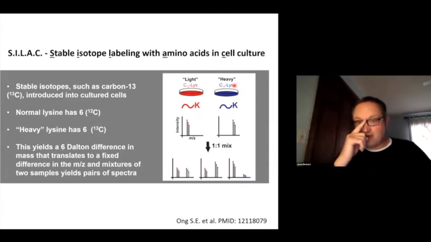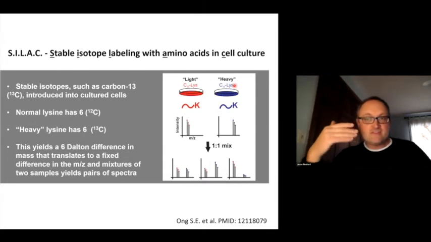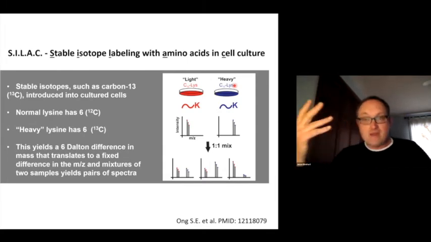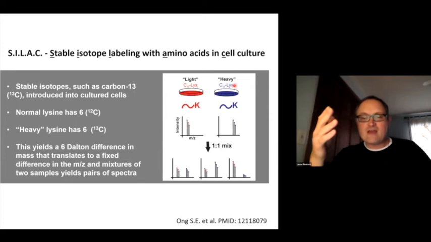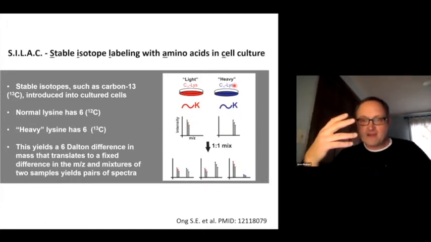So if you have a lysine molecule that has 6 carbons, your label introduces 6 Daltons, or let's just call them 6 mass units. And why does that matter? Because if you think about our introduction to this technique, a mass spectrometer just measures mass, correct? So you have a peptide of a defined mass.